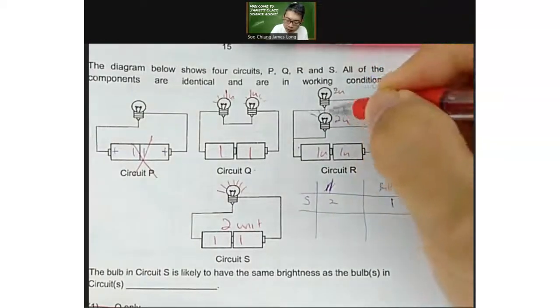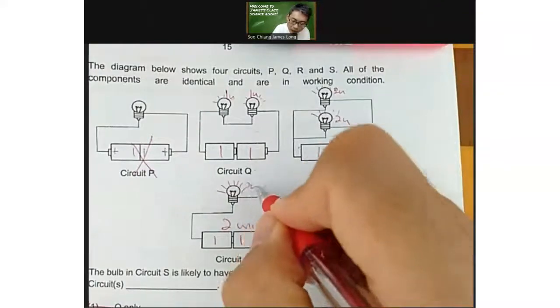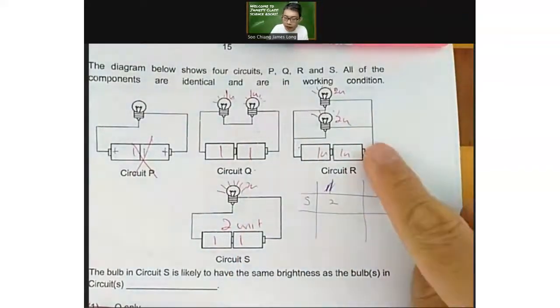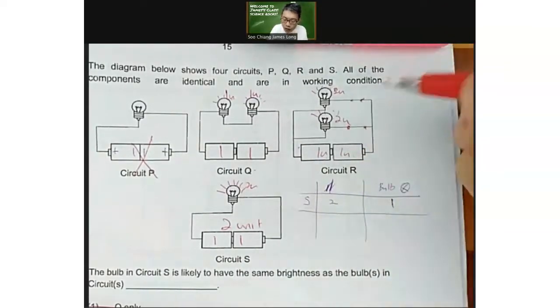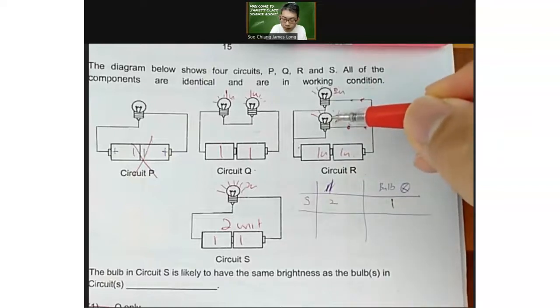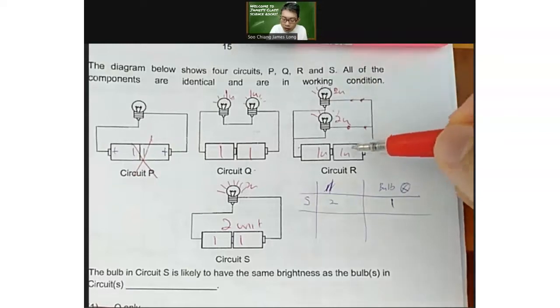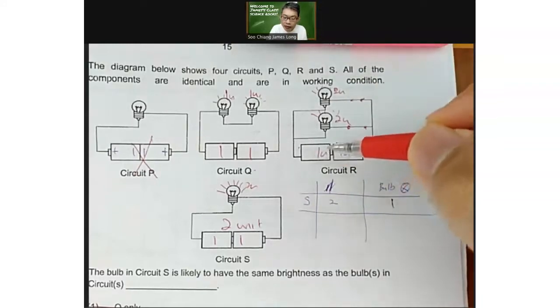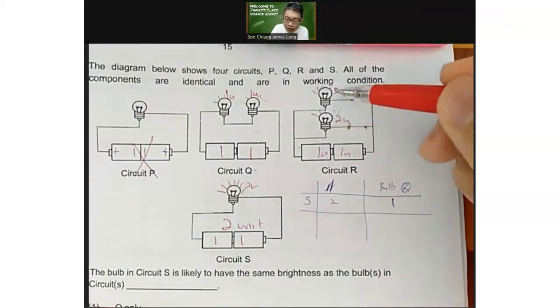The brightness of each of the bulbs here in parallel is the same as the brightness of the bulb here. The benefit of this kind of circuit in your house is if you add a switch here, you can control the switching on and off of these bulbs individually, and they are the same brightness. The downside is it will use up the electrical energy much faster. So the chemical potential energy will be converted to electrical energy much faster. You're using twice as fast.